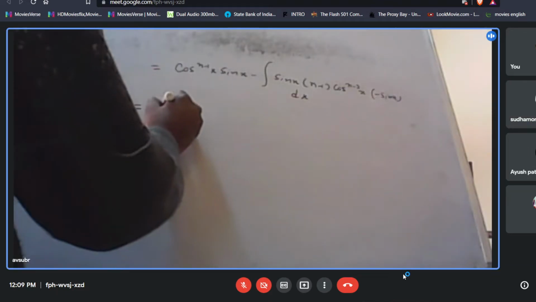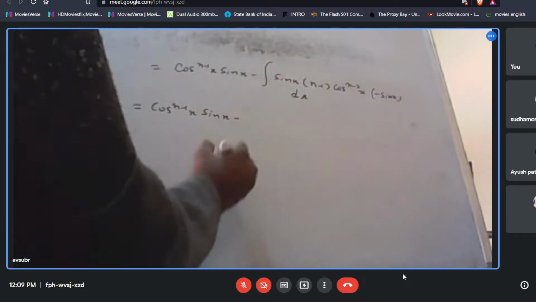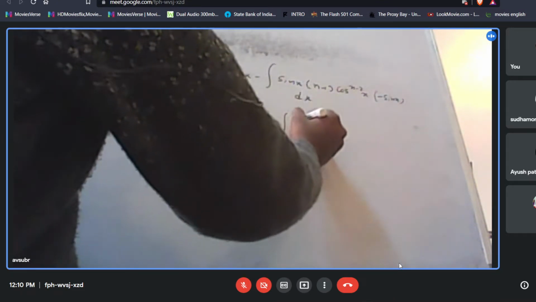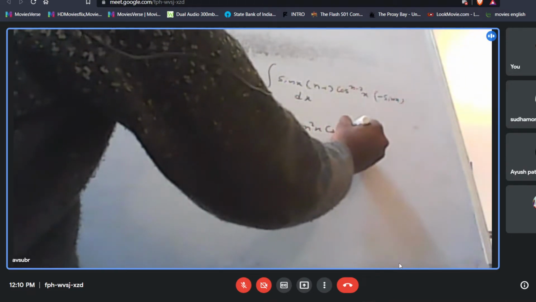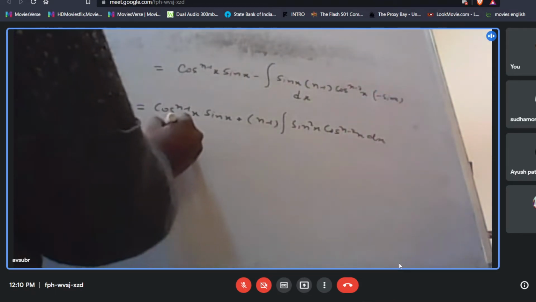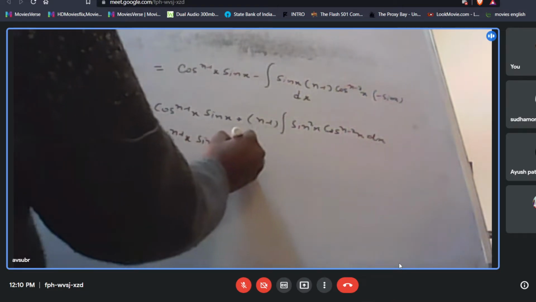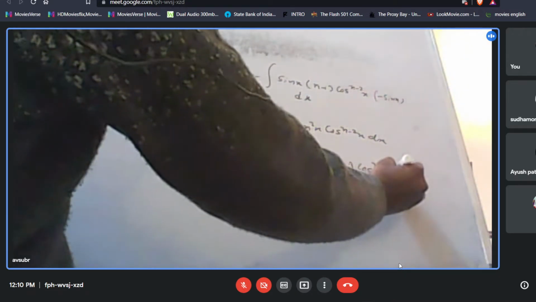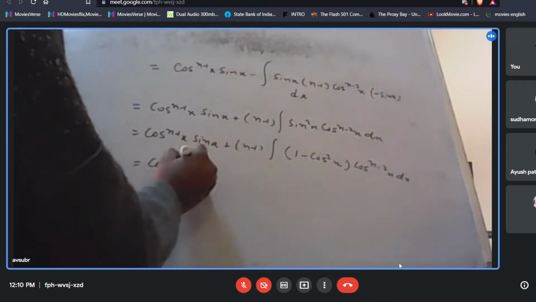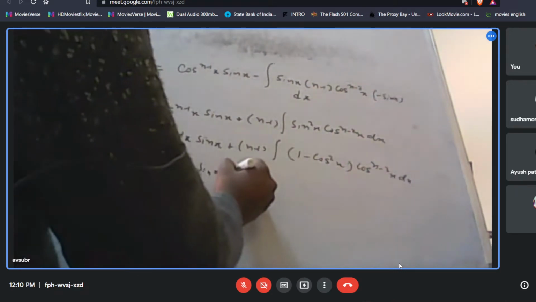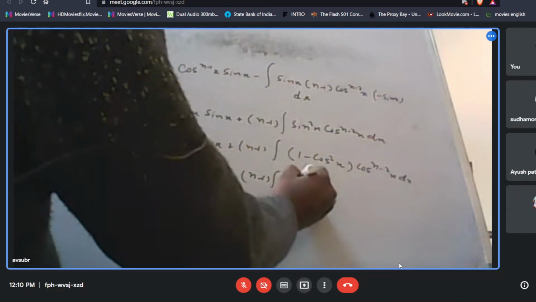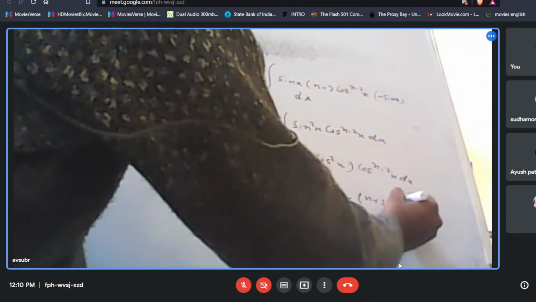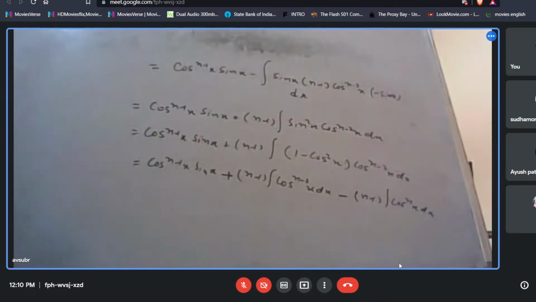So cos to the power n minus 1 x sin x plus n minus 1 integral of sin square x cos to the power n minus 2 x dx, which can be written as cos to the power n minus 1 x sin x plus n minus 1 into 1 minus cos square x times cos to the power n minus 2 x dx, which can be written as cos to the power n minus 1 x sin x plus n minus 1 integral of cos to the power n minus 2 x dx minus n minus 1 integral of cos to the power n x dx. Can we write down like this?